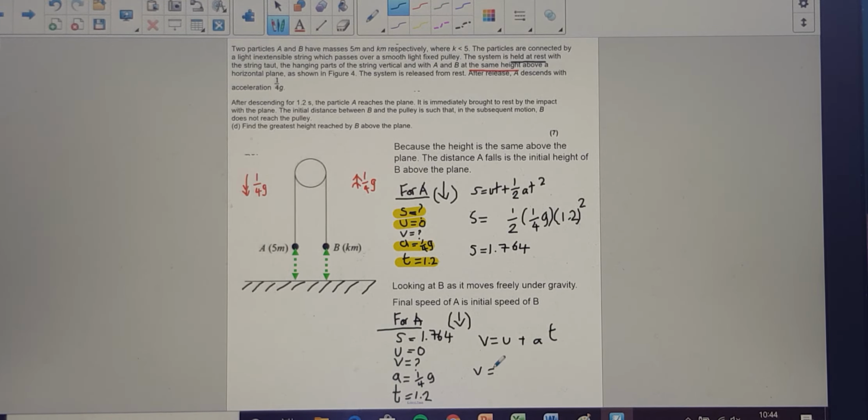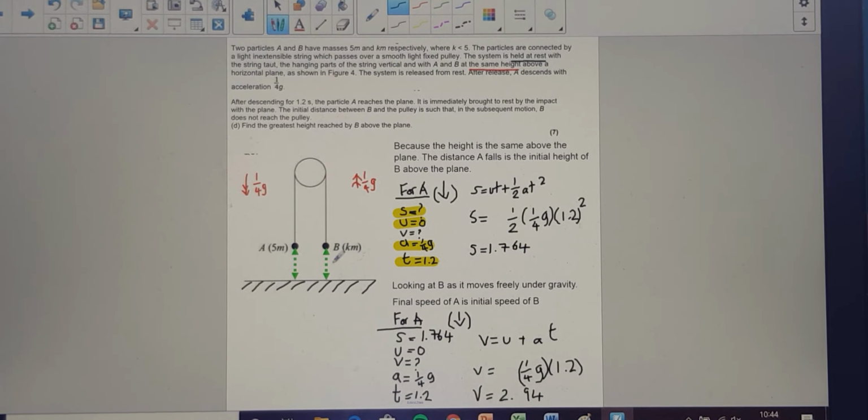So the final velocity is just 1/4 g, the acceleration, times time, which is 1.2. So V is equal to 2.94 meters per second.